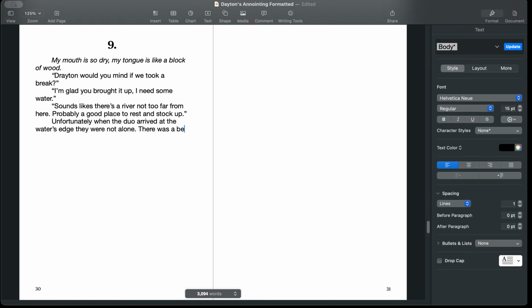There was a beast. I'm not going to say beast again because we've kind of used that word periodically throughout the book already. I'm going to use a different word for it. There's a creature lying in wait.